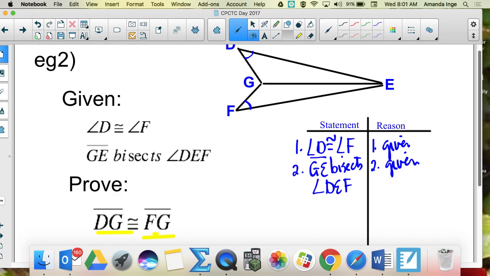So if it bisects DEF, then we know that this angle is equal to that angle. So we'll call this angle 1 and 2. So angle 1 is congruent to angle 2. Definition of angle bisector.